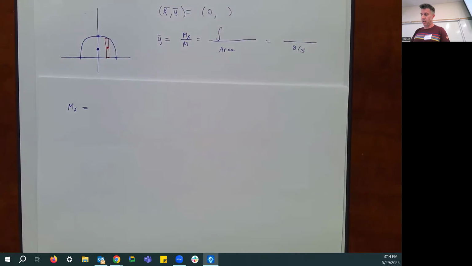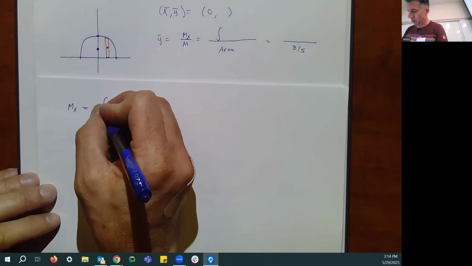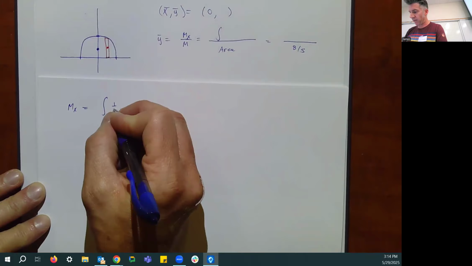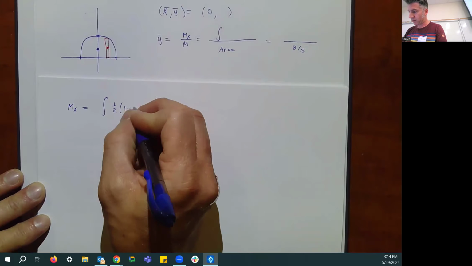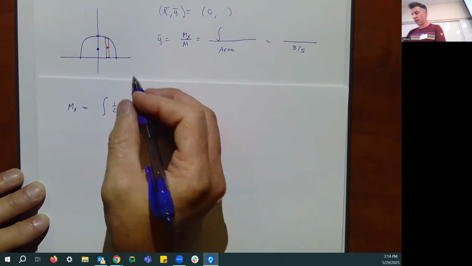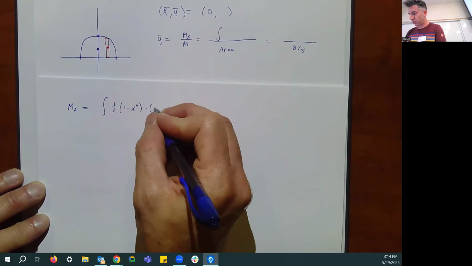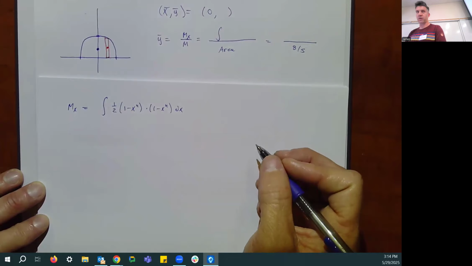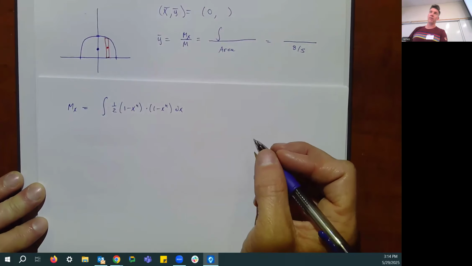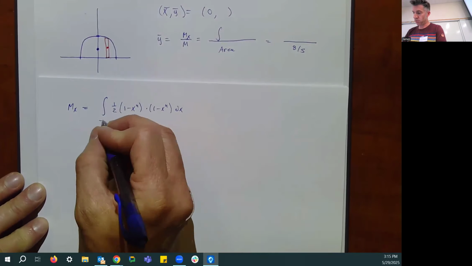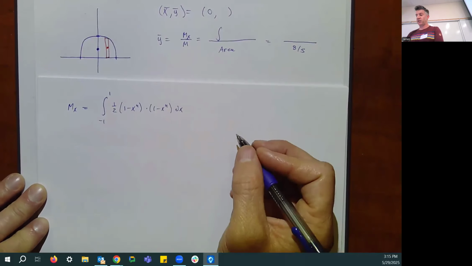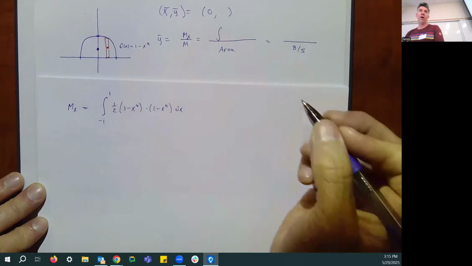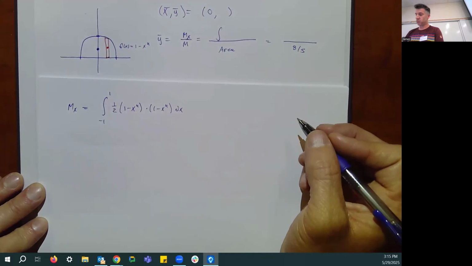So that should end up being the integral of the height of that thing, which is 1/2 of however tall my function is, and then the area of that rectangle is my function times dx. Or in other words, 1/2 your top function squared minus your bottom function squared. Because my top function is f of x equals 1 minus x to the fourth, and my bottom function is unexcitingly y equals 0.